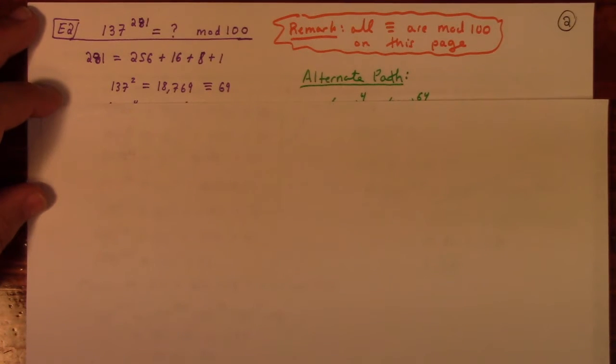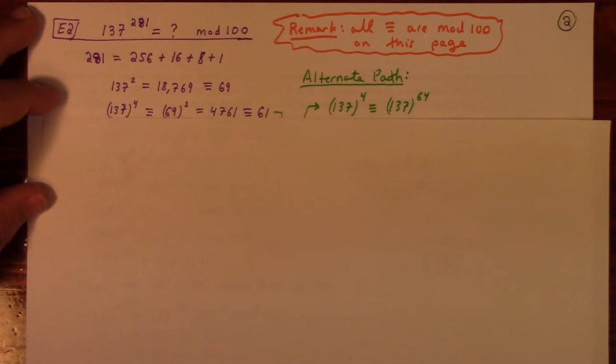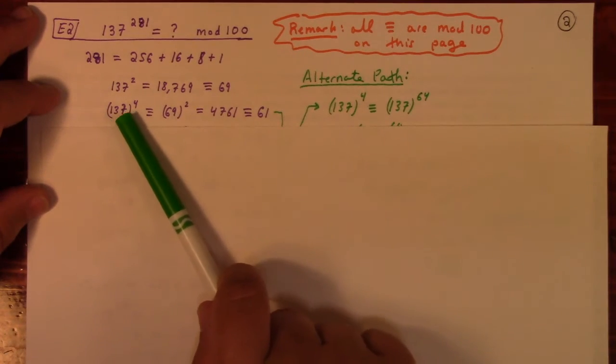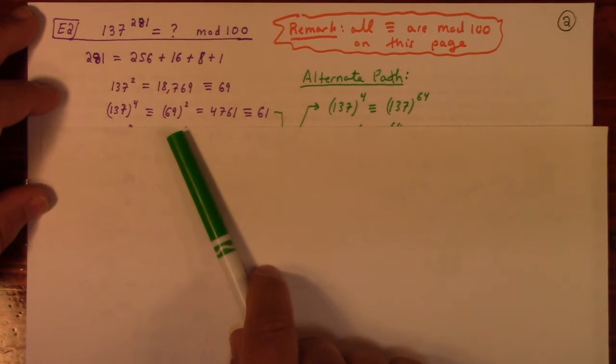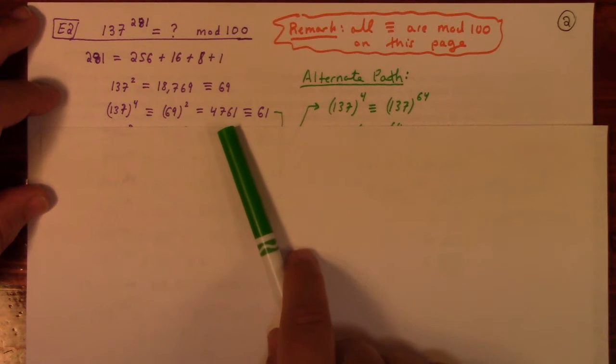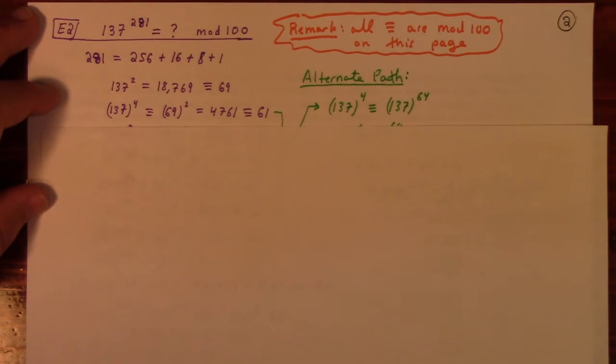So 137 squared is, it turns out with my calculator, 18,769, which is of course congruent to 69. 137 to the 4th power is congruent to 69 squared, so I'm using this to replace 137 squared. Alright, so then it's squared, and that's 4761, which is congruent to 61.